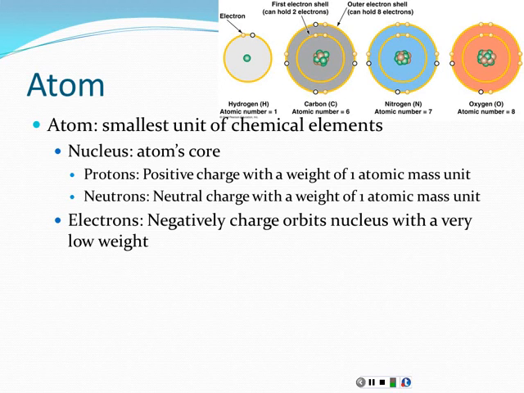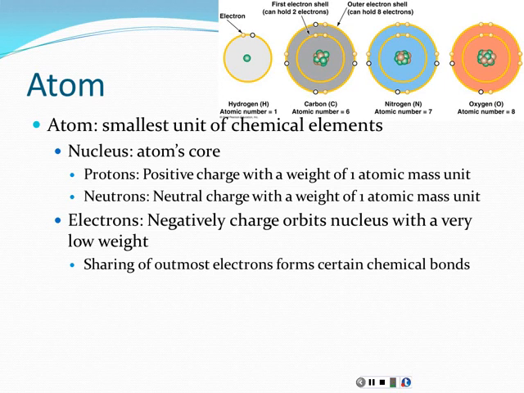If there's 4 positive protons in here, there have to be 4 negative electrons around it to balance it out. It orbits the nucleus, and it doesn't have that much weight to it, so it's usually negligible. The electron is very important because it shares with neighboring atoms to form bonds, and we'll talk more about these chemical bonds in a second.